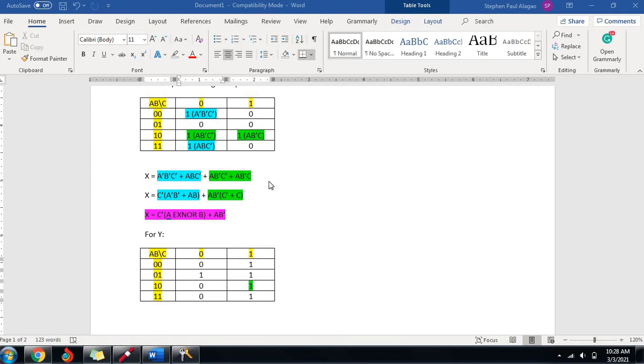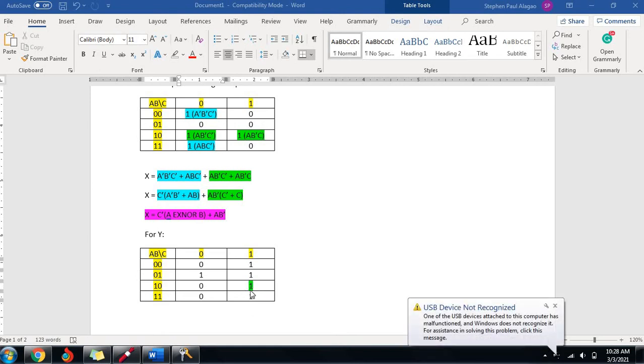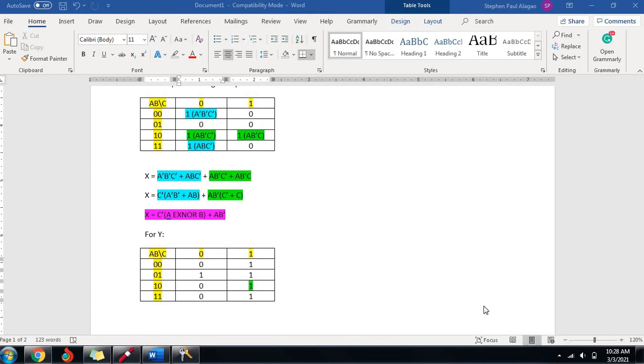Otherwise, if there is no 1 above it, you can group it. Like in this case, these can be grouped, but that one you can't group. So what we're going to do here, based on the rule, is that the pairing should be even, not odd. In this case, we're going to pair this one. We color this one with green.